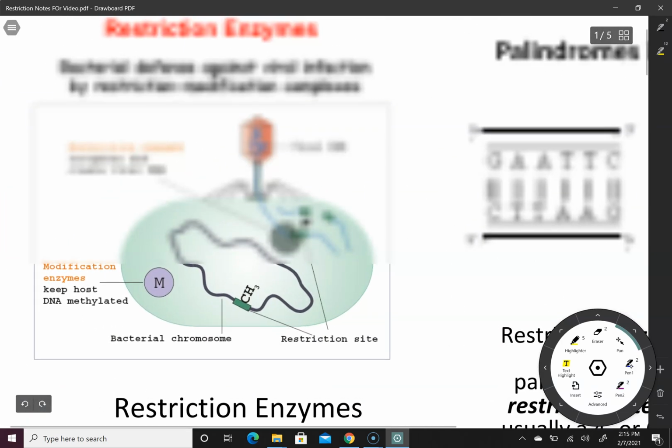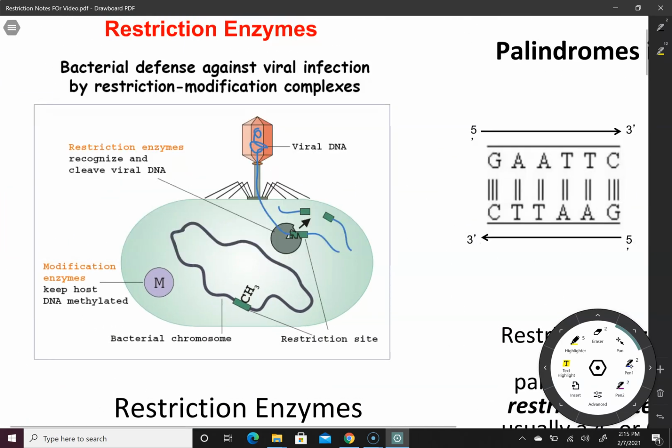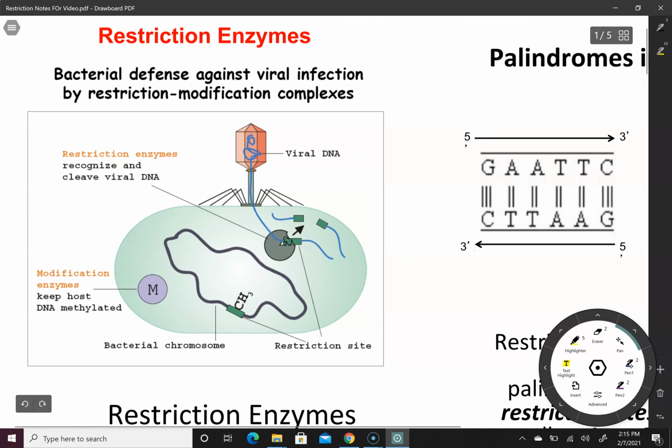So if you look in this picture here, this is called the bacteriophage, and that blue area inside the orange capsid is DNA, and what will happen is it will be injected into the bacteria, and of course the bacteria don't want that, so it is the restriction enzymes that come in and take care of this viral DNA, and sometimes it works and sometimes it doesn't. And we'll see how that is what allows scientists to find these very specific regions and cut them in a very specific order.